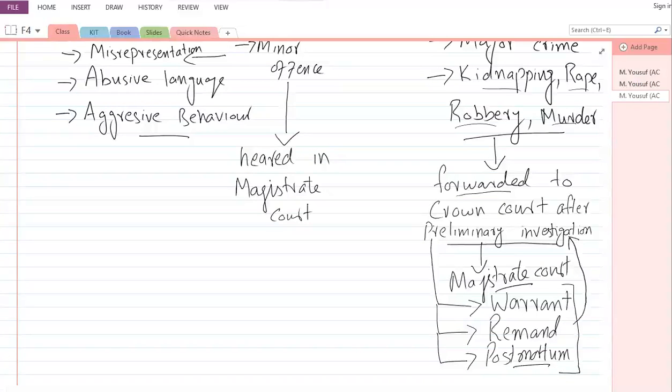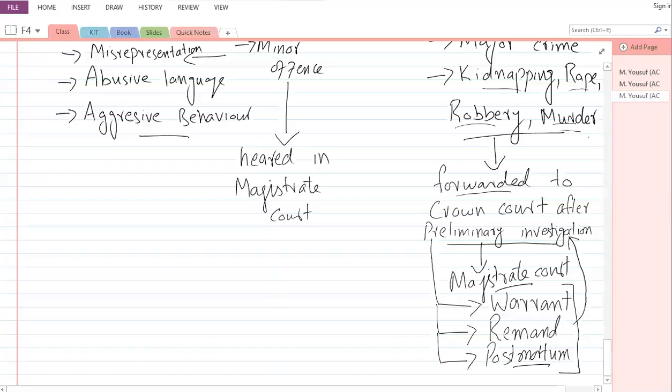Only preliminary investigation of the indictable offences will be performed here in magistrate court because indictable offences are out of the scope of the magistrate court. They don't fall in the criminal jurisdiction of magistrate court because magistrate court can only give imprisonment of 6 months. So they are out of the scope of the magistrate court because in murder there are usually 15 to 20 years imprisonment and magistrate court doesn't have power to give imprisonment of 20 years.